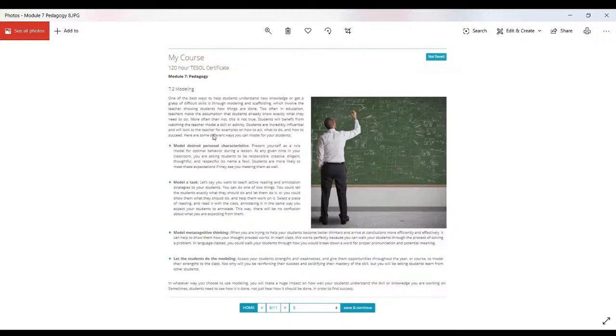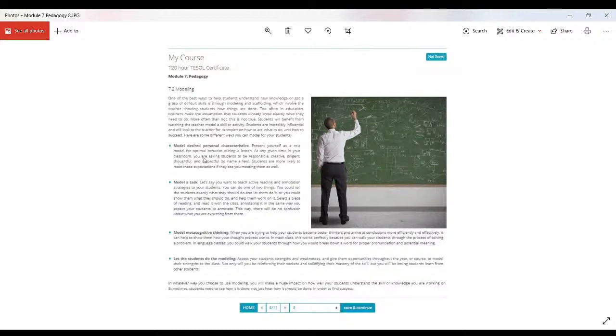More often than not, this is not true. Students will benefit from watching the teacher model a skill or activity. Students are incredibly influential and will look to the teacher for examples on how to act, what to do, and how to succeed. Here are some different ways you can model for your students.